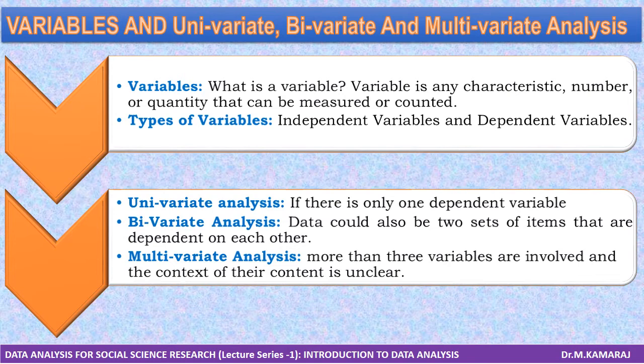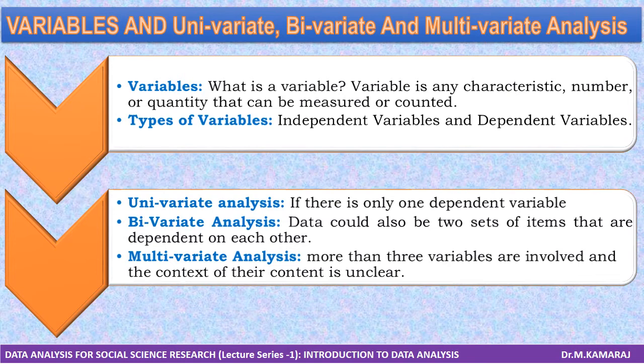Particularly in social science research data analysis, there may be two approaches: finding the group differences or identifying the relationship between the study variables. The variables may be treated as independent variables and dependent variables.